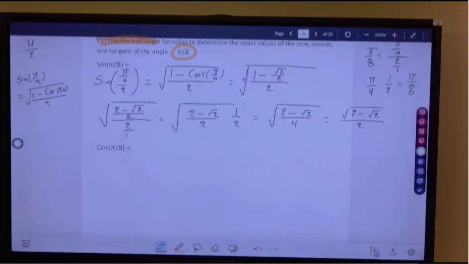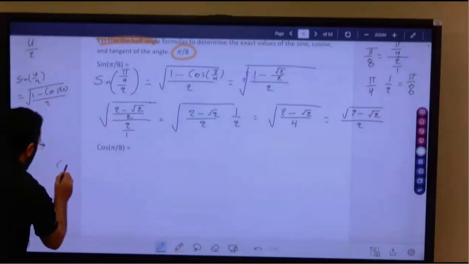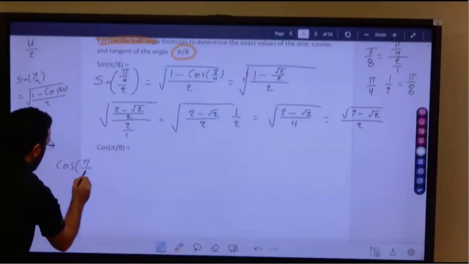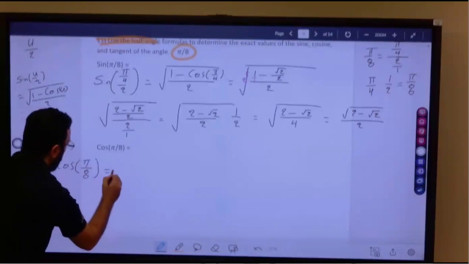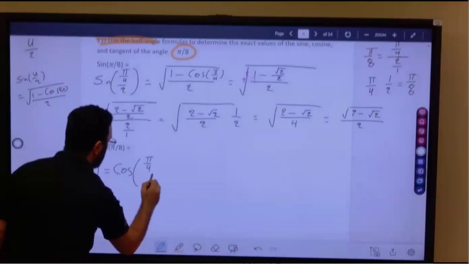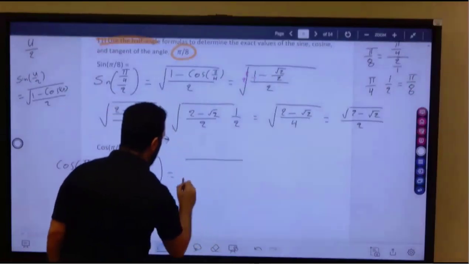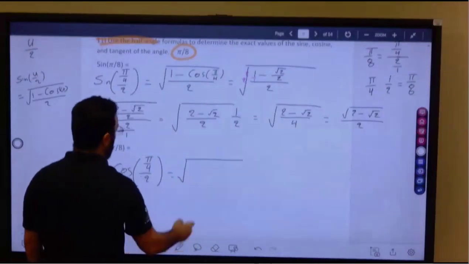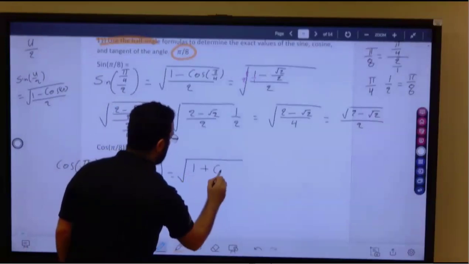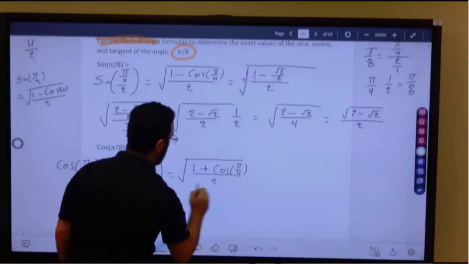You can do the same thing with the cosine. Now cosine pi over 8, the only difference is the formula we use. I can say cosine pi over 8 is equal to cosine pi over 4 divided by 2, which is equal, this is the value of u, to square root of 1 plus cosine pi over 4 divided by 2.